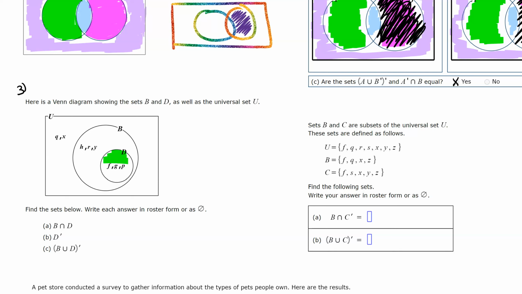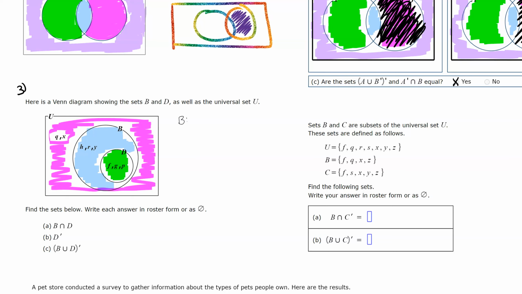So again, let's get some colors in here so you can see what I'm talking about. Okay, so the set B is the whole circle.